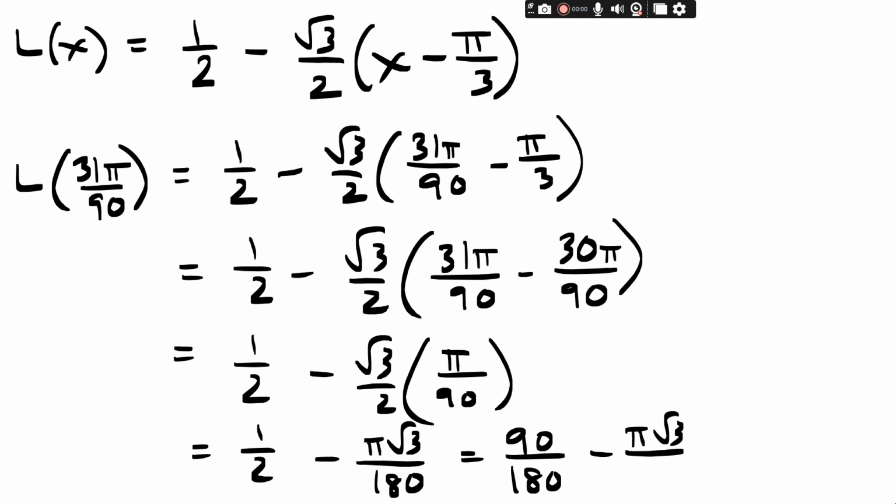Now put this together as one term, because now you're looking at two terms here, right? So normally in mathematics, you would write it like this. You'd write it as 90 minus pi root 3 over 180. All right, let's go with it.